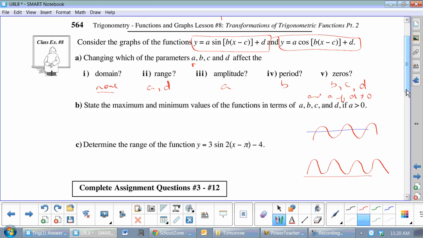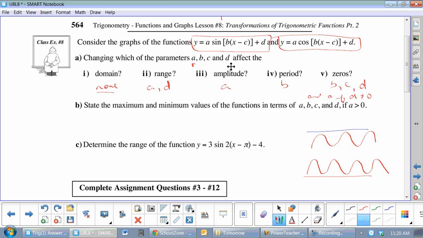So what I'm trying to say is, say I had this, I did my vertical stretch, and then I moved it, I think I've affected the zeros, have I not? So, tricky.